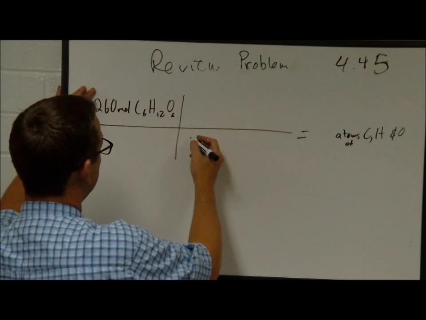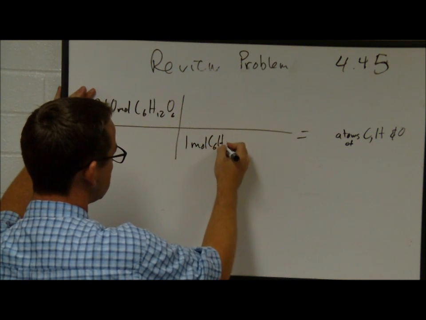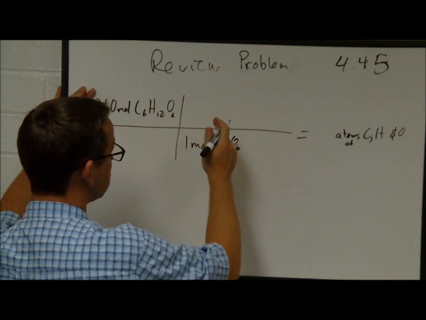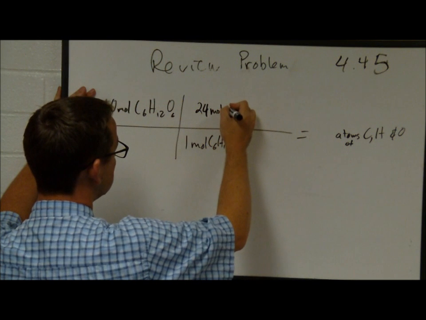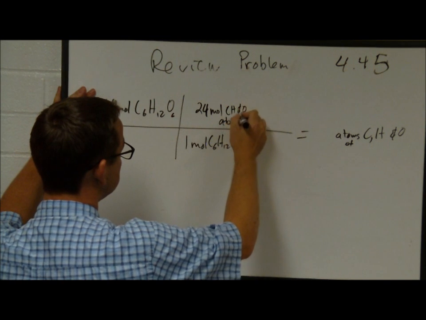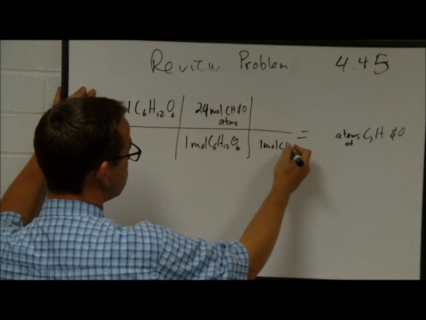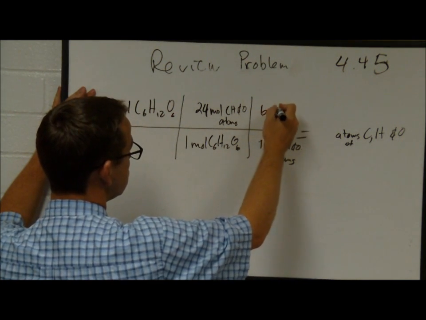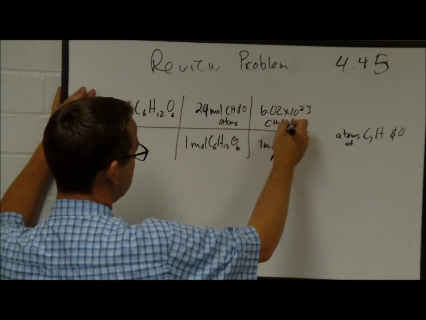So we have, for every 1 mole of C6H12O6, there's 24, 6 plus 12 plus 6, 24 moles of C, H, and O atoms. And for every 1 mole of C, H, and O atoms, there's 6.02 times 10 to the 23rd C, H, and O atoms.